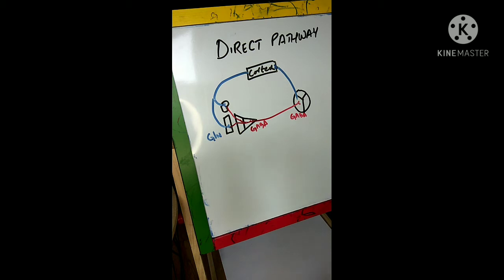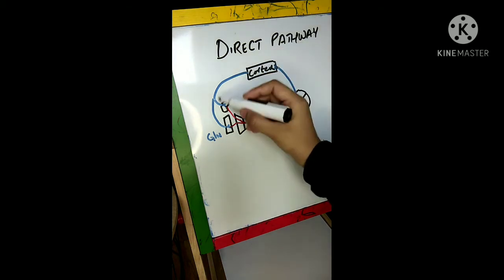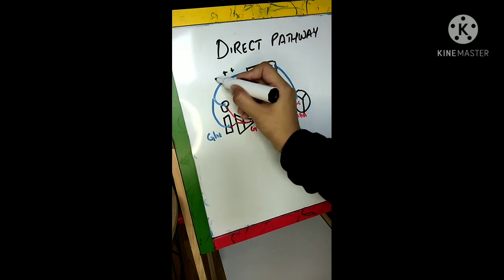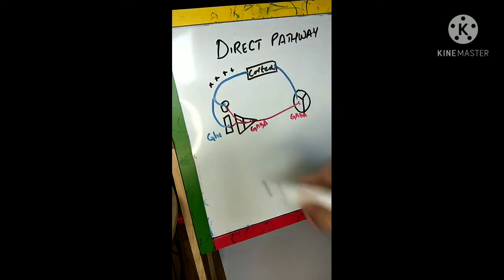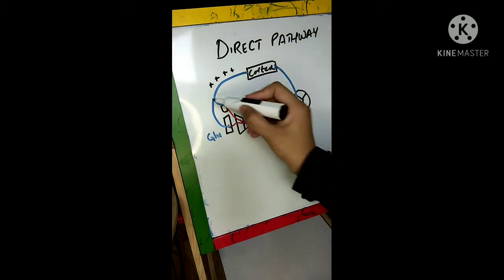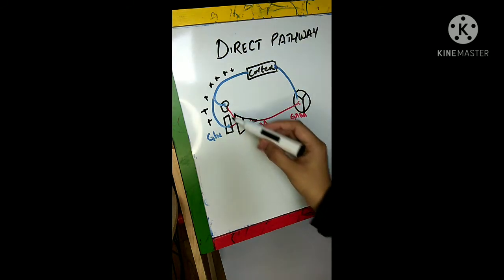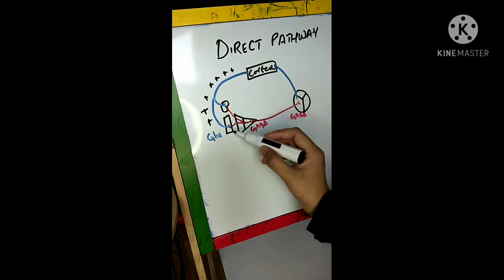Now I will explain how it happens. First of all, the signal comes from the cortex and there is a release of glutamate, which is the excitatory neurotransmitter. Due to release of glutamate, the next step is release of GABA.